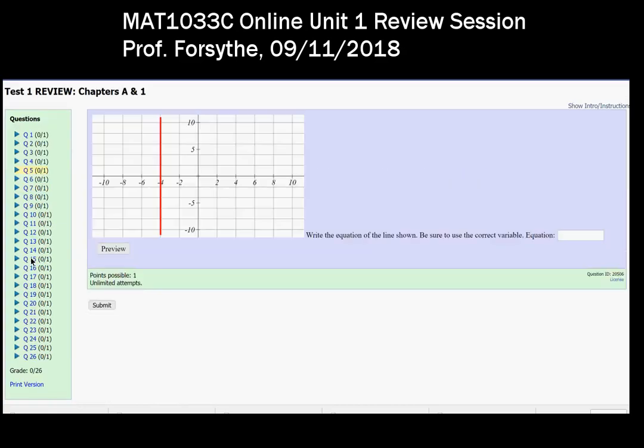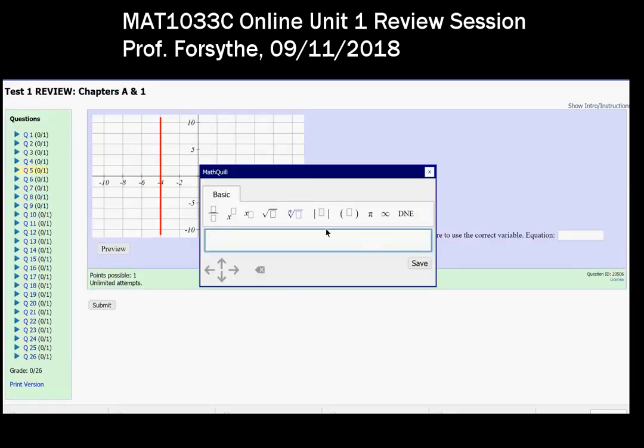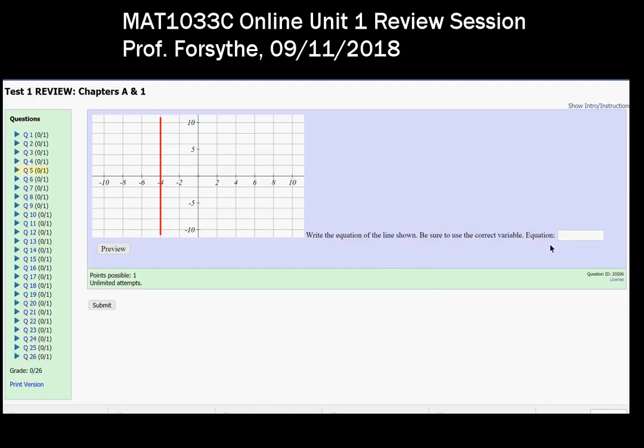Or if you need to type exponents, square roots, infinity, we're not really using these yet. The next section you'll use these more. Just utilize that.